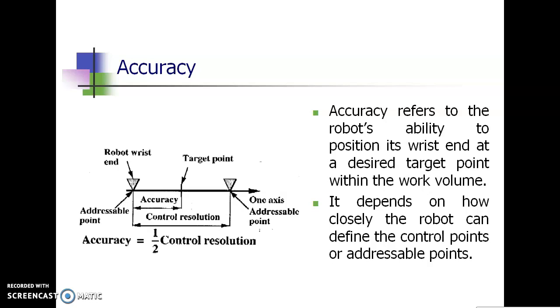But I ask the robot to move to the target point. So there is a small difference between these two. My wish is to reach the target point, but the controller's ability is to move the robot to the addressable point only.